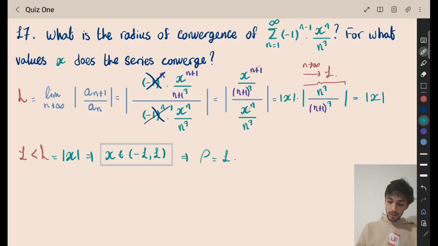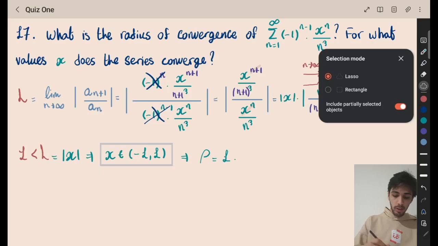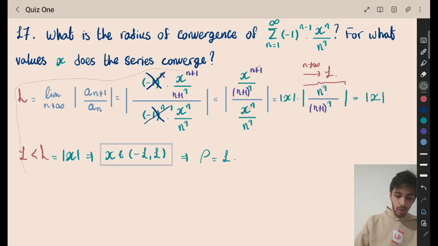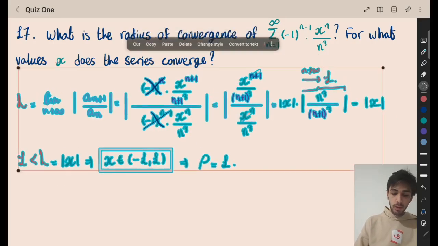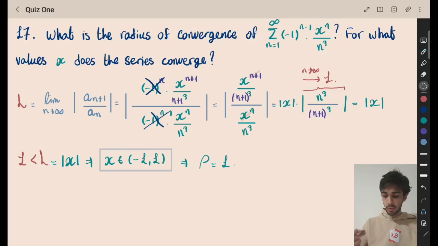And then perhaps you would, as I initially mentioned, assume that we are already done with the question and you would move on to do other questions. But we have to be careful with the edge cases. This is what I would like to call the edge cases.